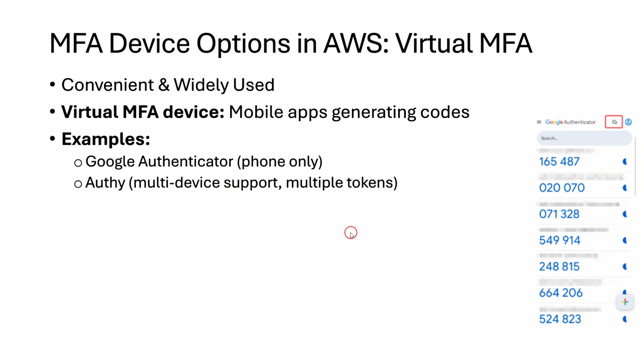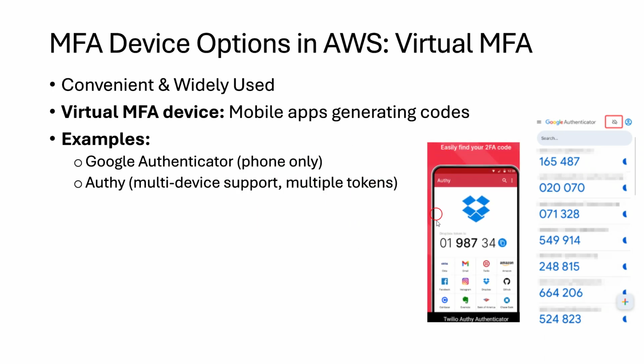Multiple tokens also you can generate for multiple accounts. This is the app called Authy, and you can install it from the App Store or Play Store, and you can start using these devices to generate a unique security code for your account. Along with your password, you have to provide this code to securely log into your account.